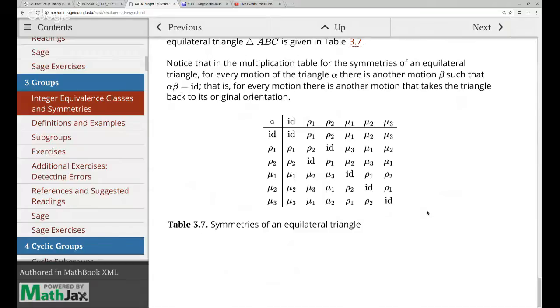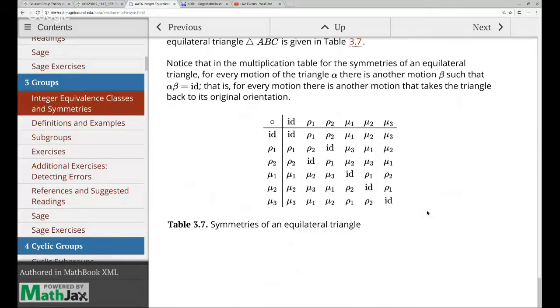So in general, composing rotations about a fixed center point. The center point we're talking about in the triangle case is just the center of the object. These are regular equilateral triangles, so they have a center.